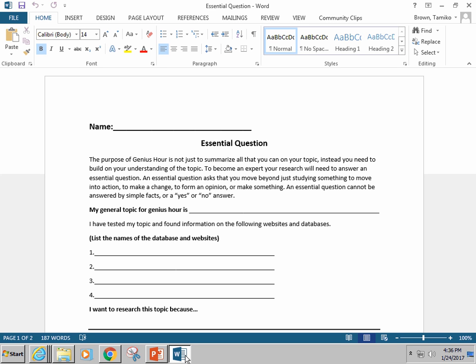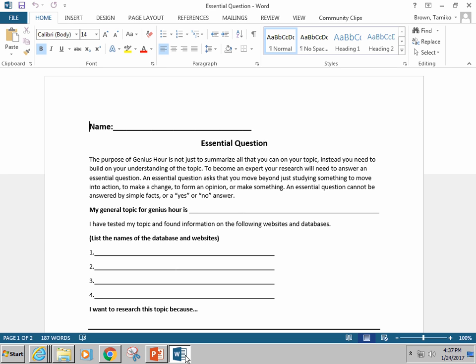To become an expert, your research will need to answer an essential question. An essential question is also considered a driving question. An essential question asks that you move beyond just studying something to move into action, to make a change, to form an opinion, or to make something. An essential question cannot be answered by simple facts of yes or no.